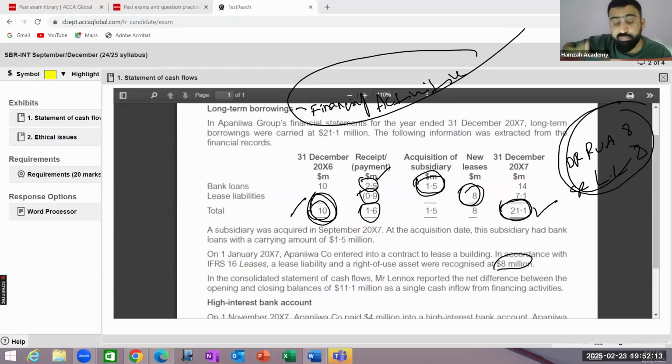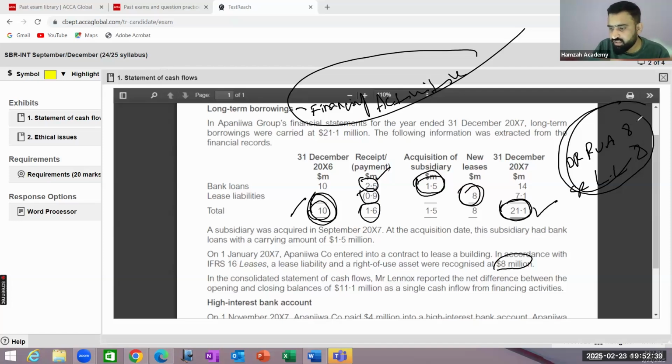Yes, it is a financing activity. It should be shown as a cash inflow or outflow in the financing activity of a cash flow statement, but only the cash flow. Now I am applying a skill: a new lease of 8 million and the acquisition of a subsidiary are not creating any cash impact.